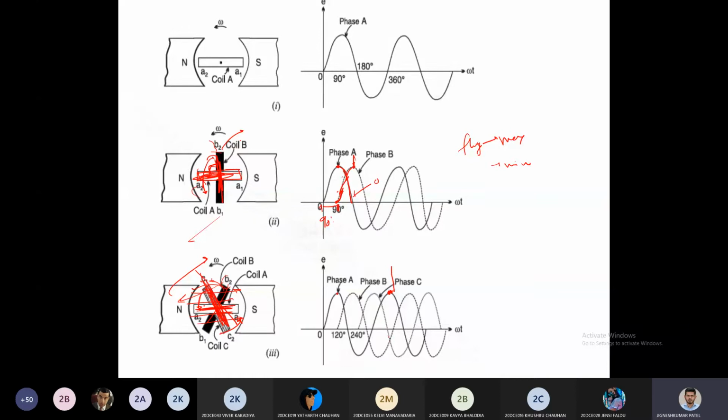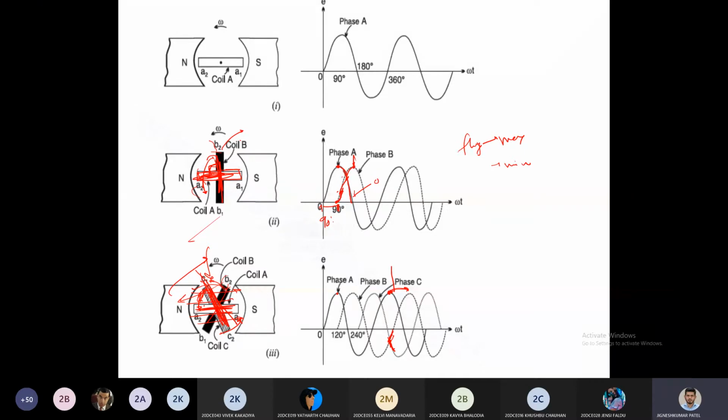After some point, one would be increasing and the other would be decreasing. You can see, this is the point where this position occurs. The flux would be the same, so EMF would be the same. But as soon as you go to the next position on this side, C1 is coming closer. So the EMF generated in phase C would be more, and at the same time the EMF generated in B would be weakened.